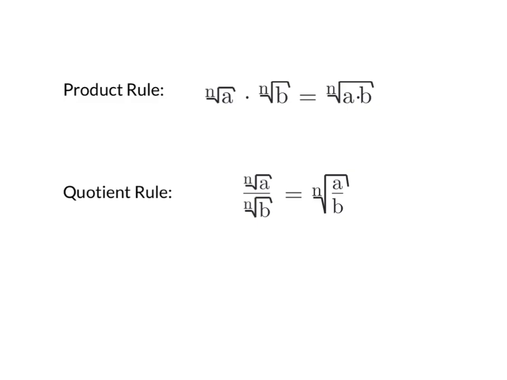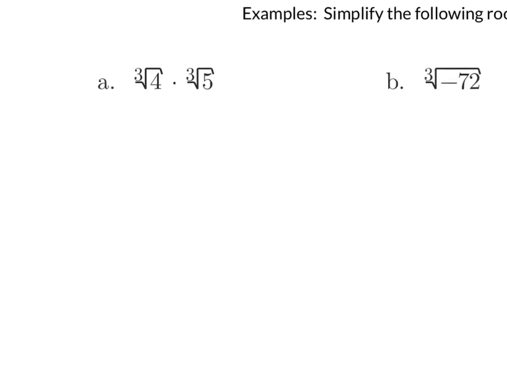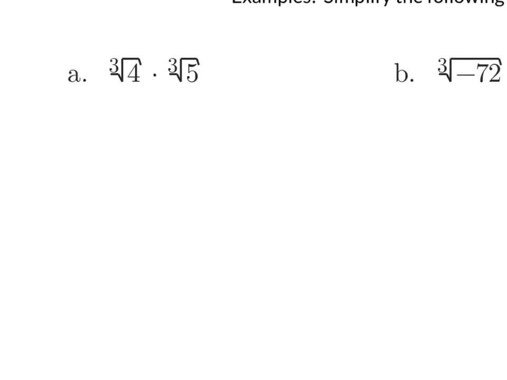All right, so let's go ahead and look at some examples. So let's start off with some basic ones. We have the cube root of 4 times the cube root of 5. This is separated, so I want to go ahead and combine it into a single root.